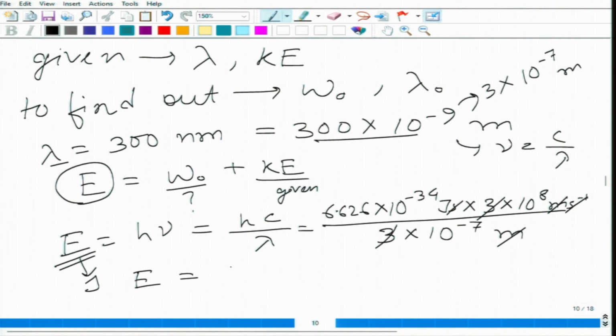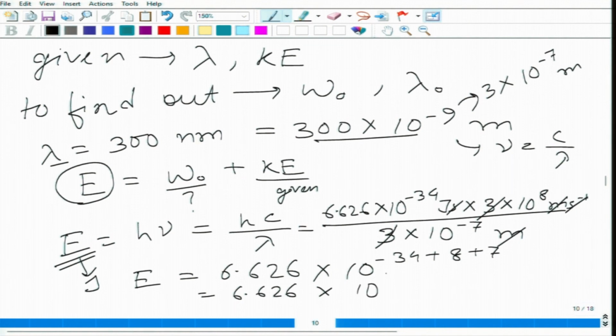So we have E equal to 6.626 into 10 to the power minus 34 into 3 into 10 to the power 8 by 3 into 10 to the power minus 7. So it will be 6.626 into 10 to the power minus 19 joule.